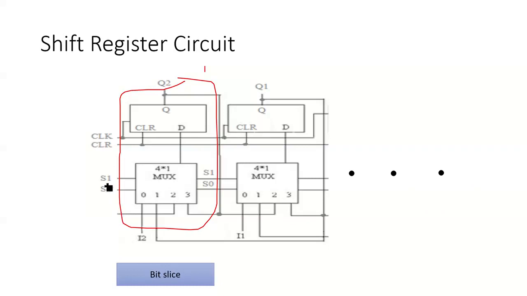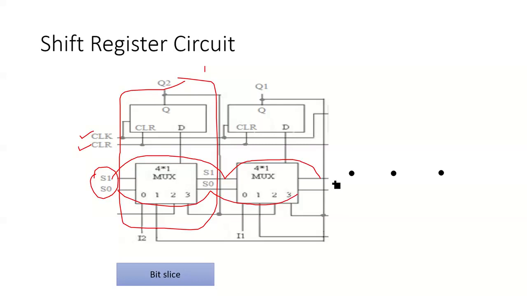Now remember that the select lines are common, the clock is common, and the clear is common to each register. So your S1 is going to stay the same for each multiplexer, and your S2 is going to stay the same for each multiplexer. So these are the common connections you need to keep in mind.